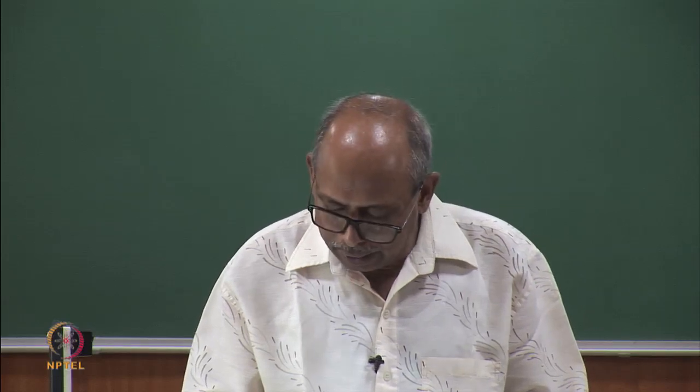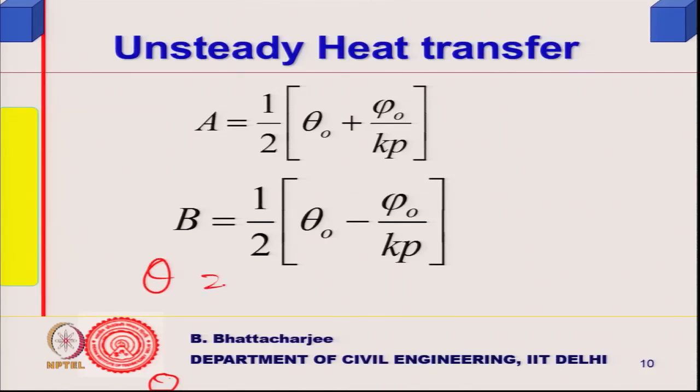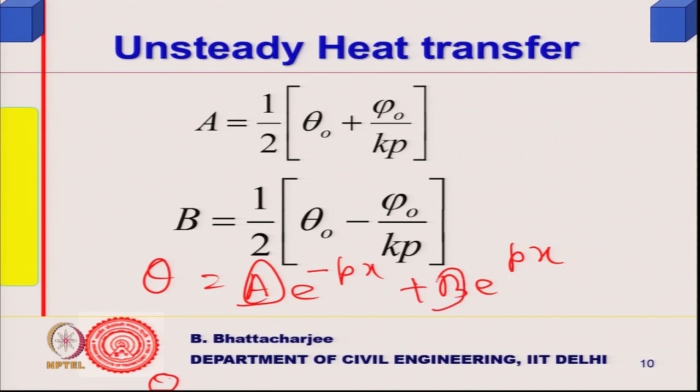What I had was theta equals A e to the power Px plus B e to the power minus Px. So put A here, B here, and similarly put for phi, I can do the same thing, which will be Kp minus Kpa e to the power Px. So I can put this.